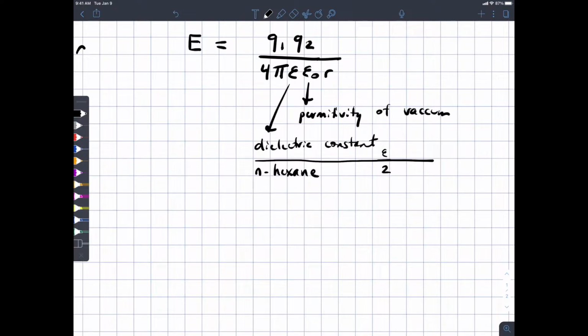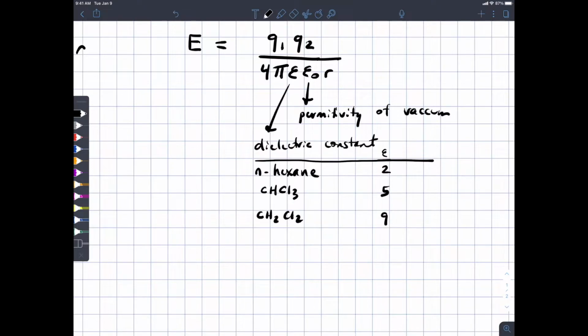If you start to increase solvent polarity a little bit, you can increase the dielectric constant. So chloroform has a dielectric constant of 5. And you can just sort of go up the list. Dichloromethane has a dielectric constant of 9, but we're still sort of pretty low.